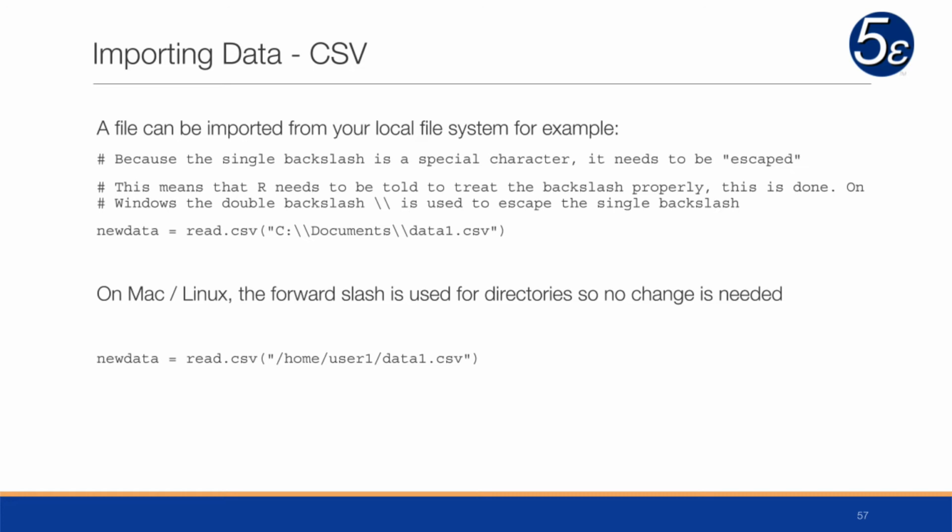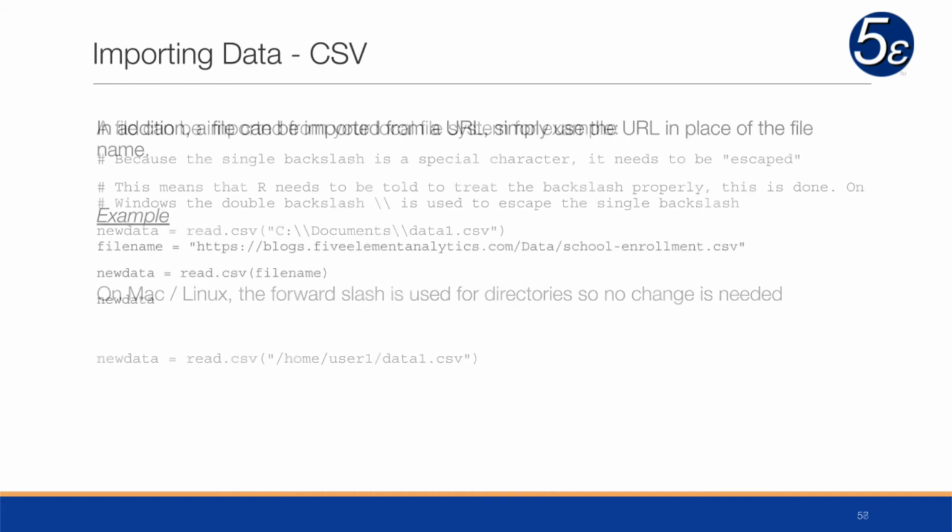So in this case, we have C:\\, documents, data1.csv. Alternatively, you can do C:\\documents/data1.csv. That is also acceptable. On Mac and Linux, we use the / exclusively for our directories, so no change is needed.